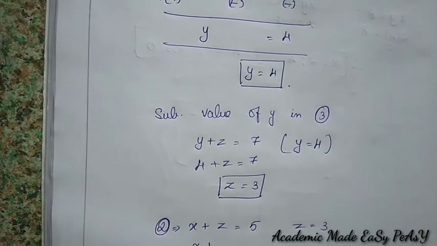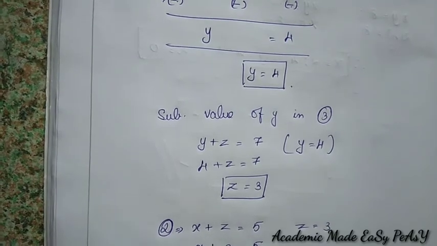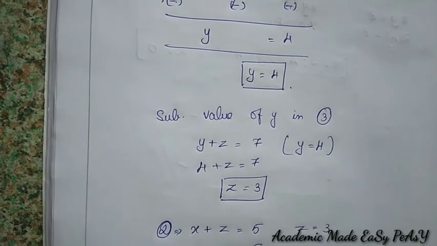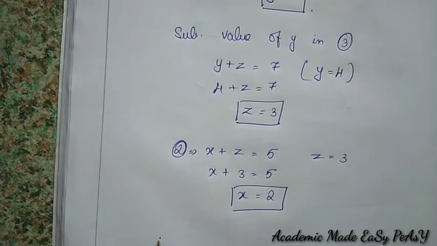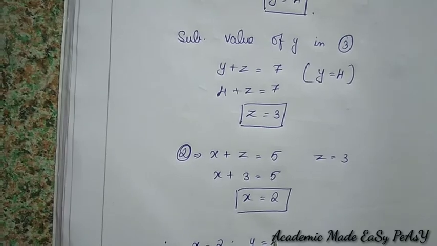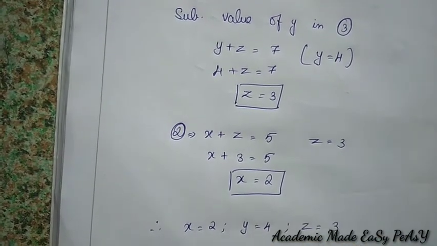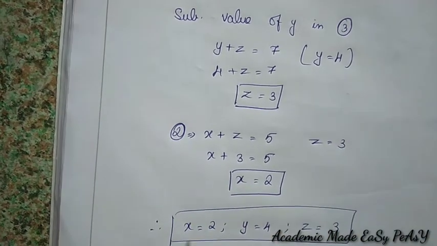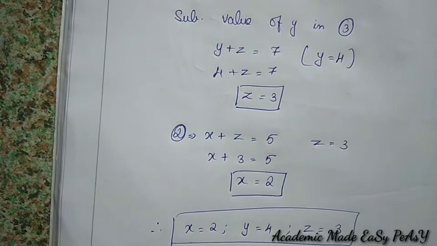So x plus 3 is equal to 5. So x is equal to 5 minus 3, which is 2. So this is my answer for x. Therefore, x is equal to 2, y is equal to 4, and z is equal to 3. These are the required values for x, y, and z.